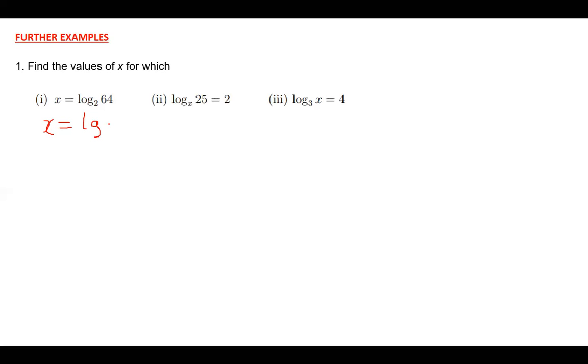So this 64 can also be written as 2 to the power 6, and then we have the base 2 here. When you say 2 to the power 6, it will give you 64. So I'll solve this question using the two methods, and then you choose which one is simpler for you.